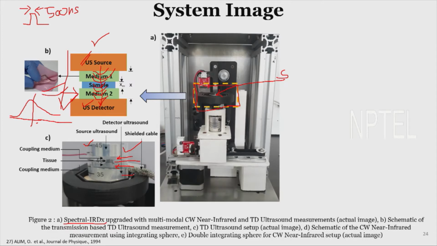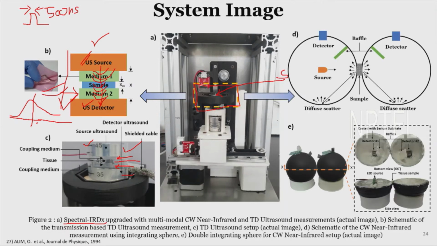So let us go ahead with the continuous wave near infrared spectroscopy. To quantify the absorption and the scattering coefficient in the case of near infrared spectroscopy, people have already used the double integrating sphere approach. A double integrating sphere is what you see in the bottom over here.